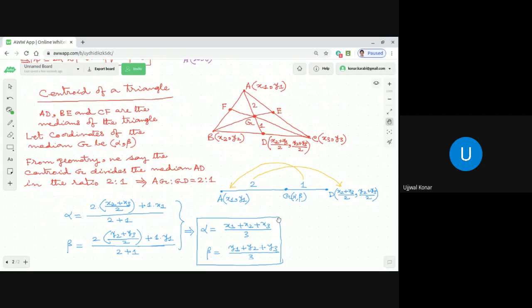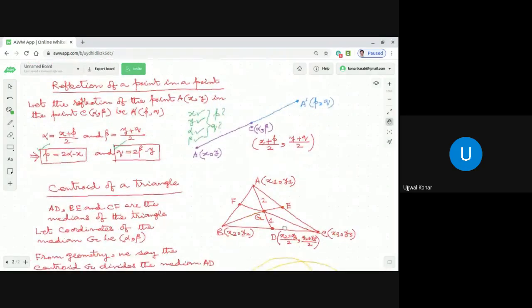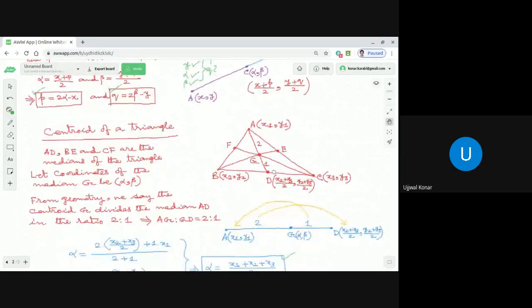And what we need to do now, we are going to solve some problems together related to whatever we just learned, that is reflection of a point in a point and centroid of a triangle.